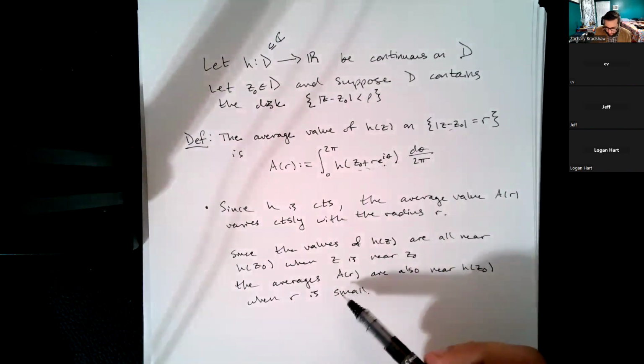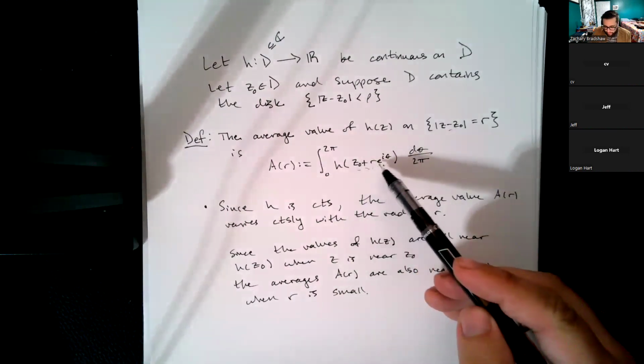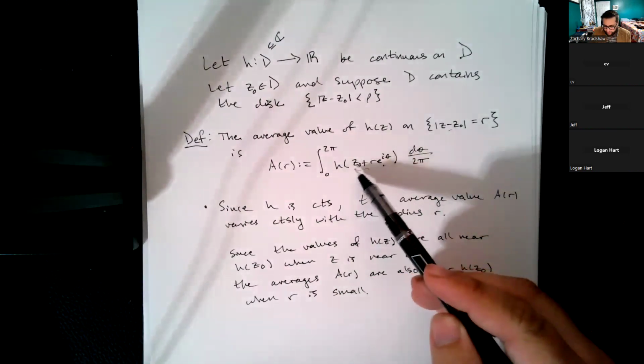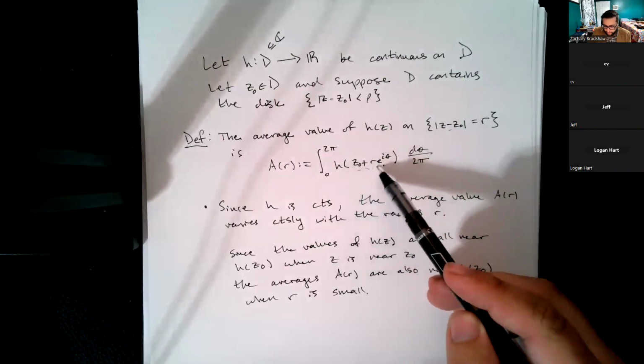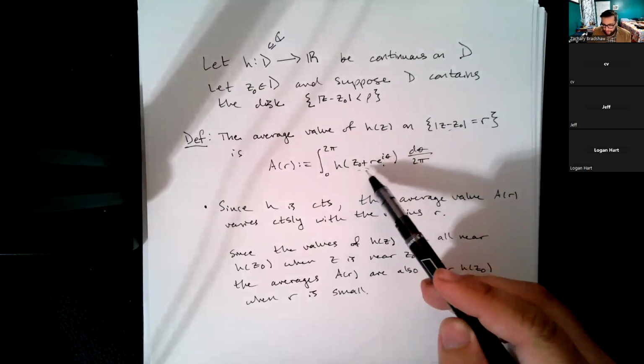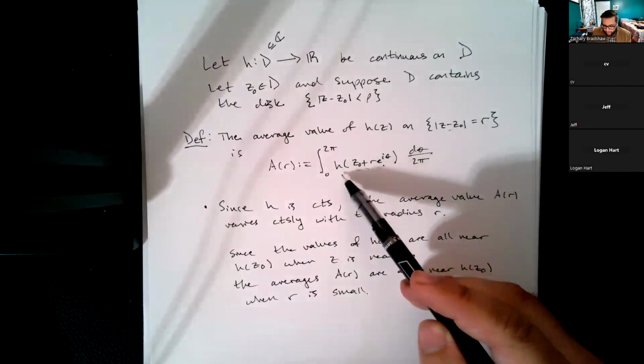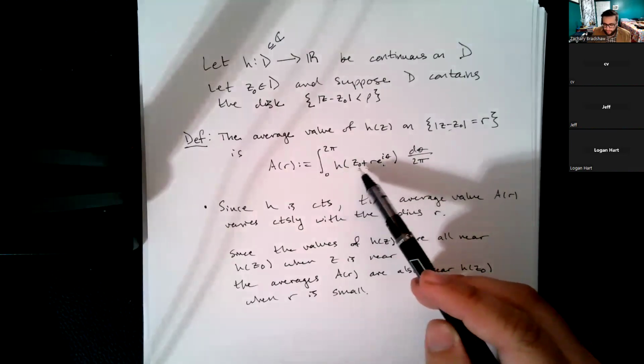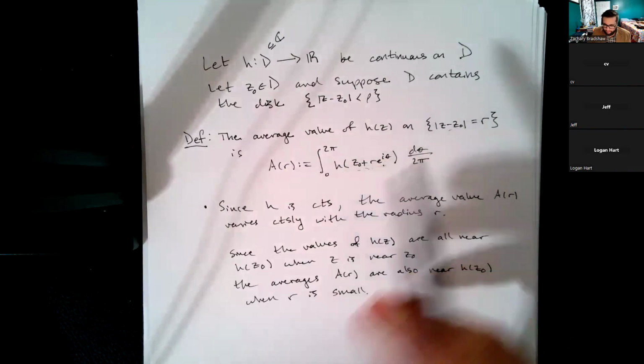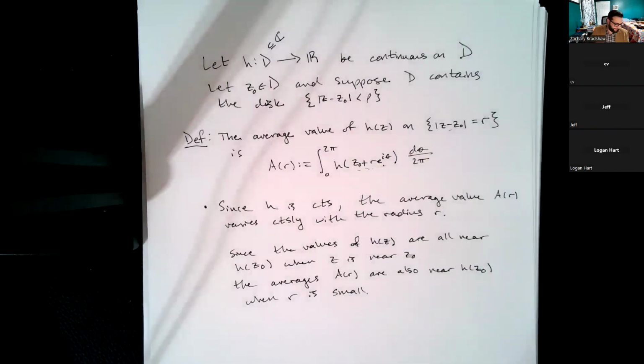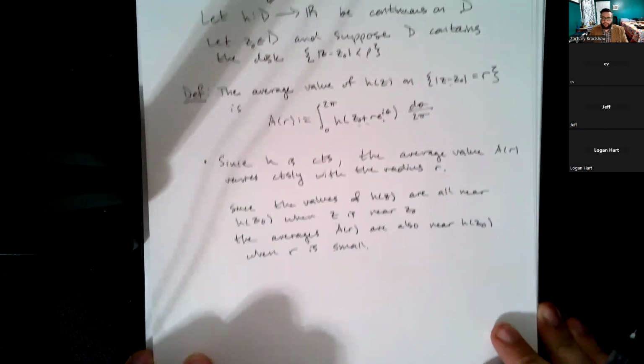Because when r is small, what's happening in here? Well, these z0 plus r e to the i thetas are all near z0, right? And we know h is continuous, and so the value of h with this guy plugged in should be near h of z0, right? This is just what it means to be continuous. But we can kind of formalize this point.